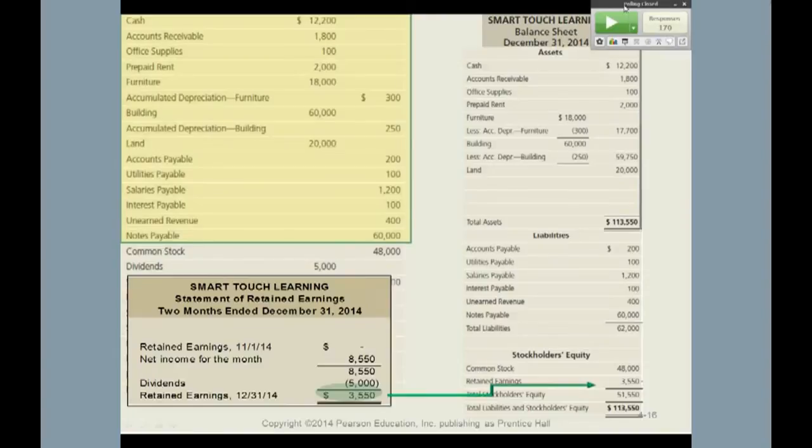So on this particular balance sheet, the $18,000 is the cost of the asset. There was a $300 accumulated depreciation.